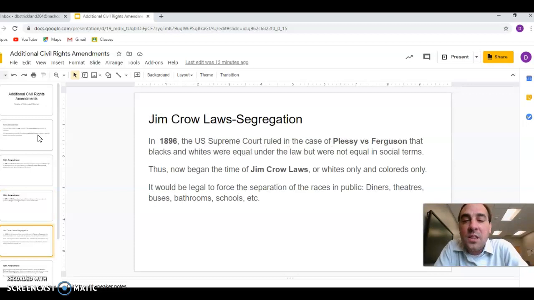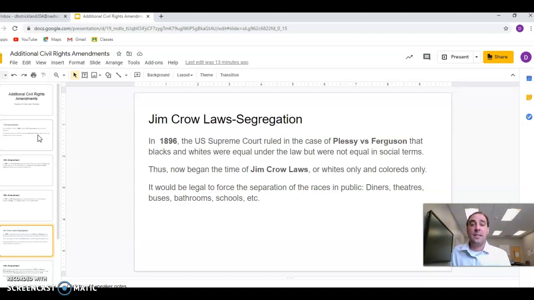Now moving on to the late 1800s, so we're going to check out what became known as the Jim Crow laws. Now, the Jim Crow laws were the laws that allowed for the separation or the segregation of the races. Now, this all came from an 1896 Supreme Court case known as Plessy v.